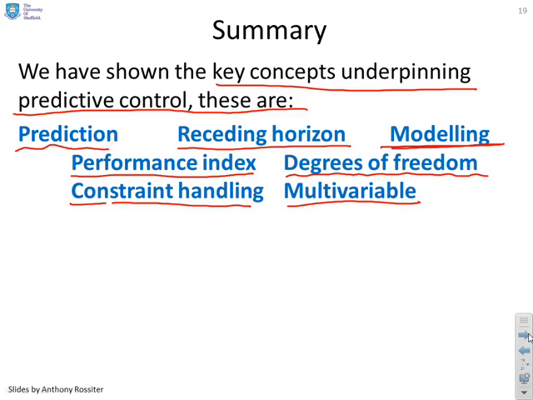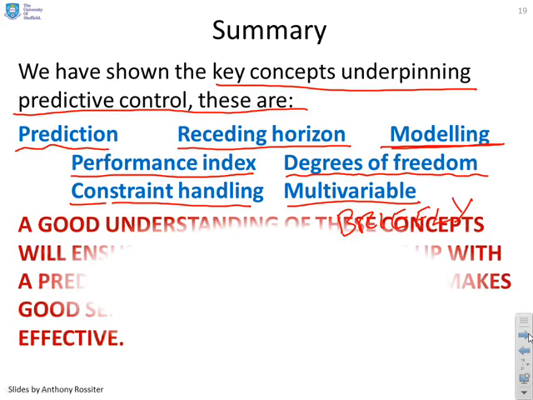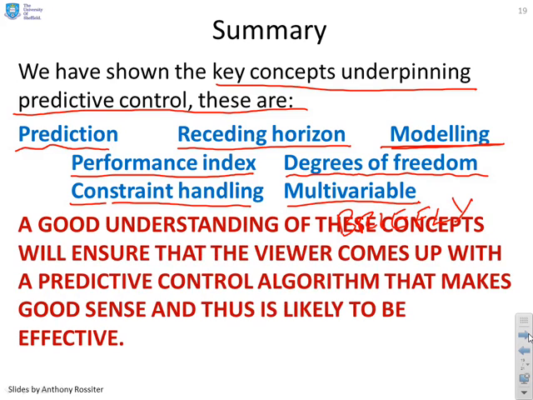Now, so far we've done all of these things very briefly, just to set the scene. Okay? And what we're saying is a good understanding of these concepts will ensure that the viewer comes up with a predictive control algorithm that makes good sense and therefore is likely to be effective.